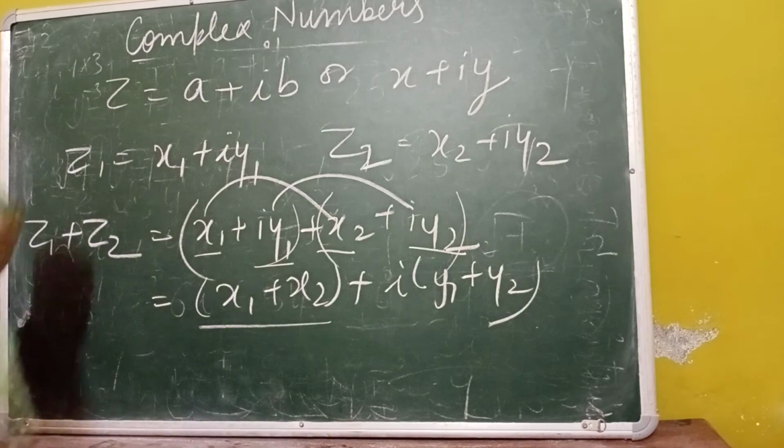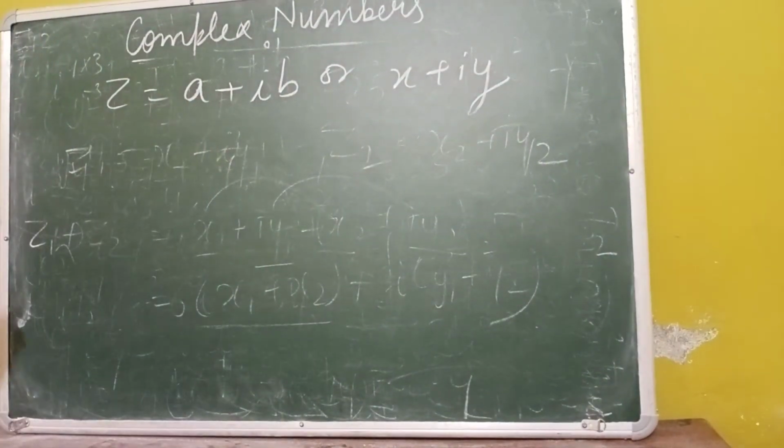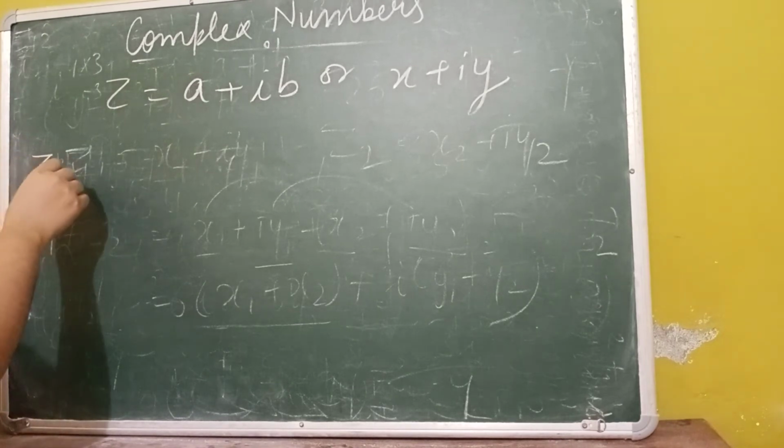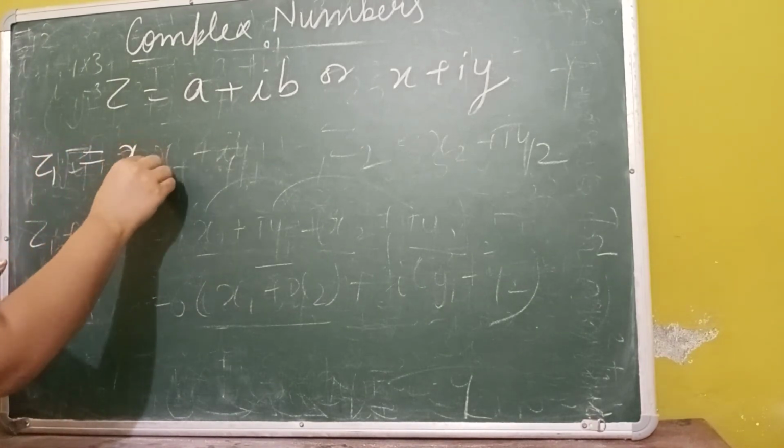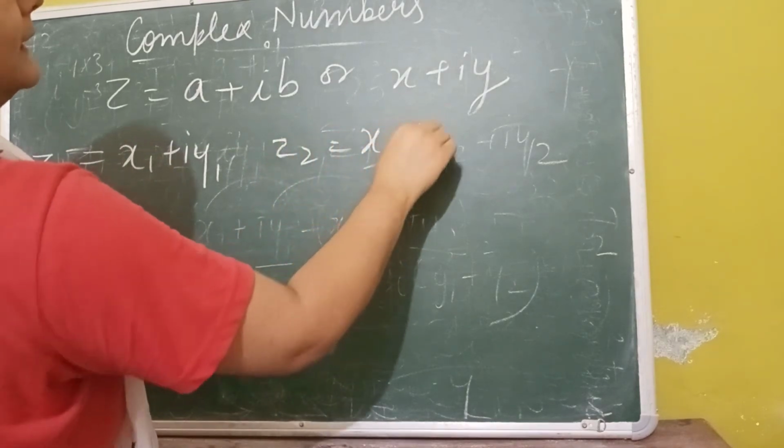When we talk about multiplication of these two, z1 is equal to x1 plus iy1 and z2 is equal to x2 plus iy2.